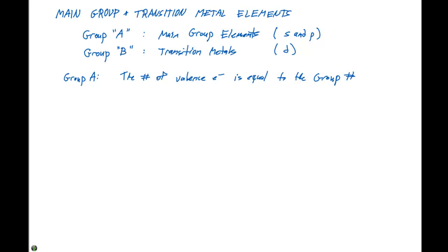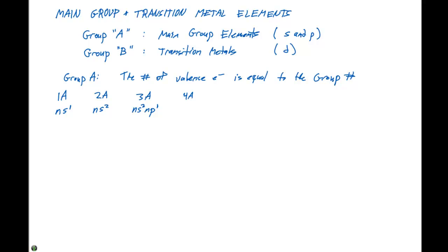So if we look at each of these groups, we have Group 1A, which has an ns1 electron configuration, Group 2A, which is ns2, and in each of these cases there's 1 and 2 valence electrons respectively. Group 3A has 3 valence electrons, which would be ns2 and p1.